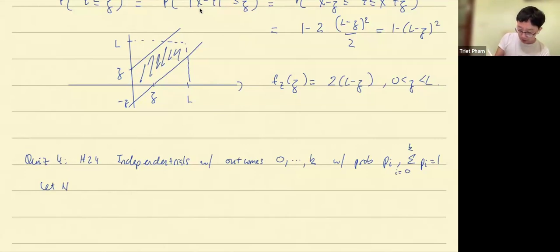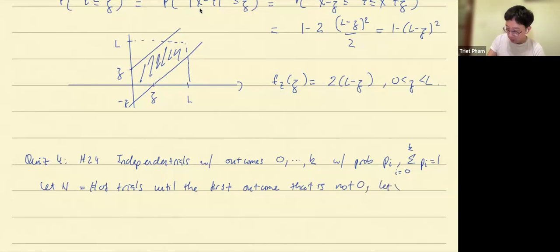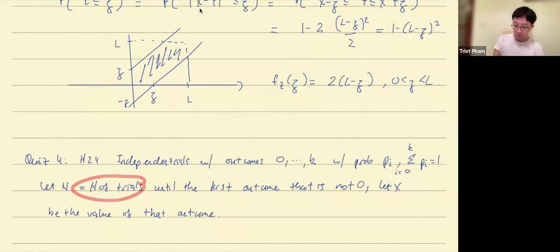Let N be the number of trials until the first outcome that is not 0, and let X be the value of the outcome, meaning the first outcome that's not 0, after that number of trials.